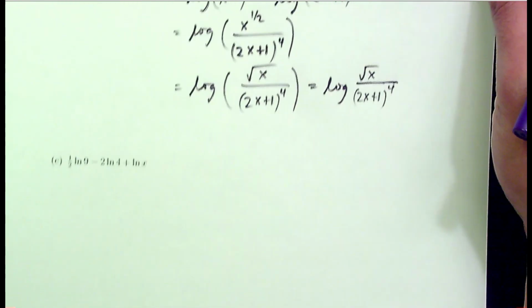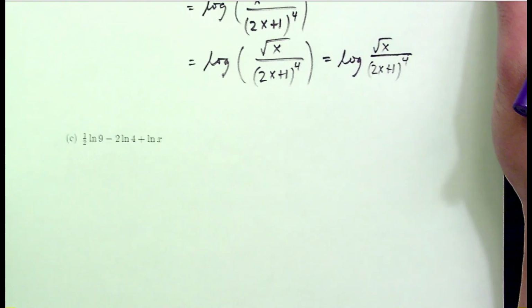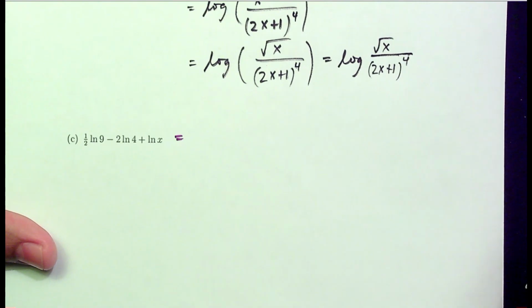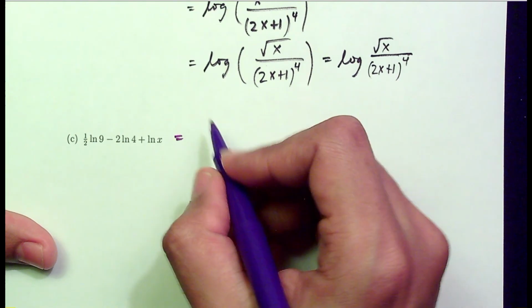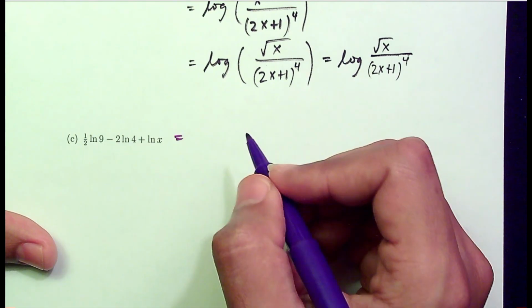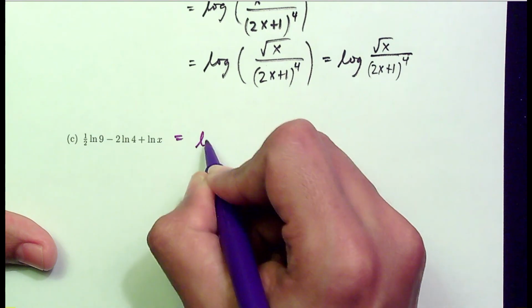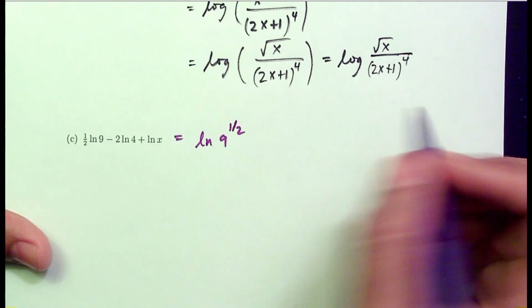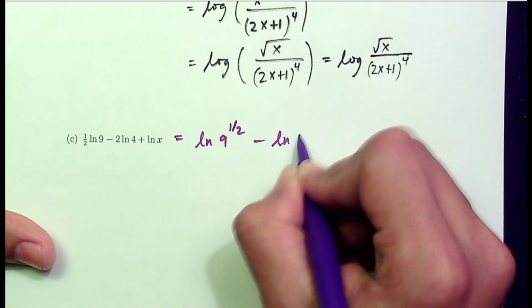All right, and the very last one. Again, if you haven't attempted this one, pause the video and attempt it. Okay, let's do it. So move the coefficients to the inside. This is the ln of 9 to the 1/2. You move them inside as an exponent, minus ln of 4 squared.